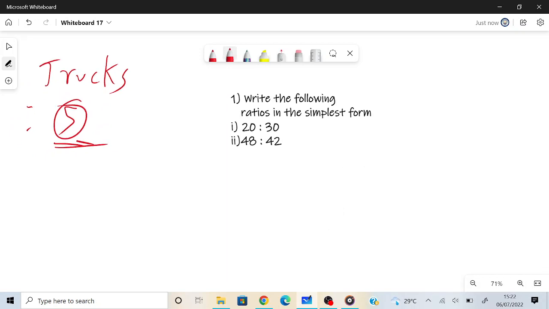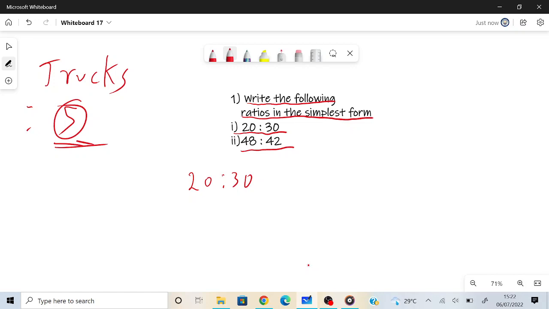Right, so the first example says, write the following ratios in the simplest form. Part I is 20 to 30 and part II is 48 to 42. Let's take part I, that's 20 to 30. One way you can treat ratios is almost like fractions.